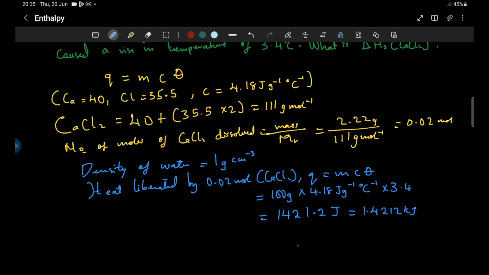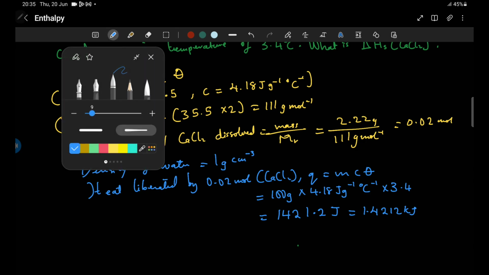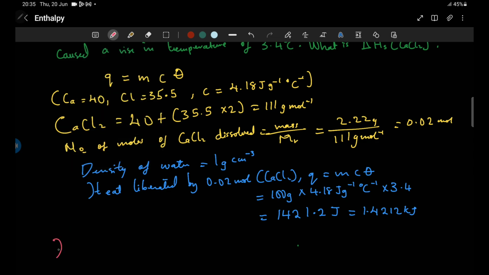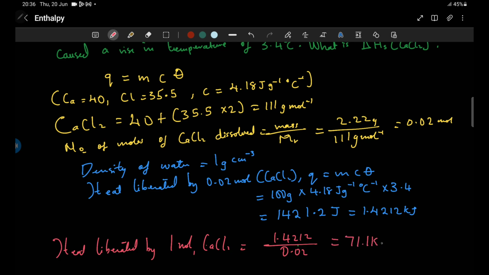Now the question says 1 mole, we need to get the value liberated by 1 mole. So the heat liberated by 1 mole of calcium chloride equals 1.4212 over 0.02. That gives 71.1 kJ.